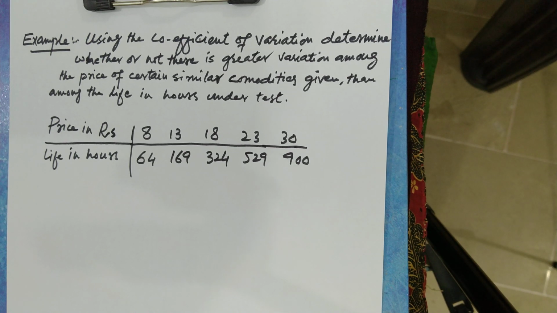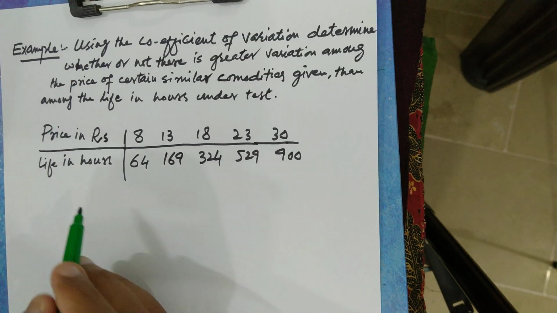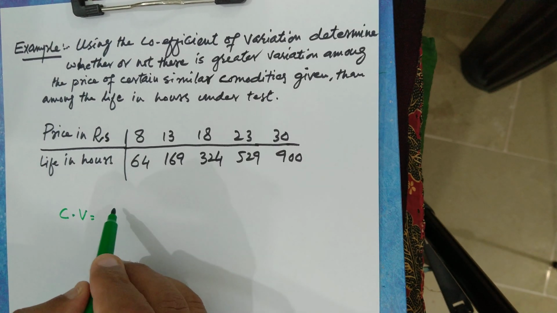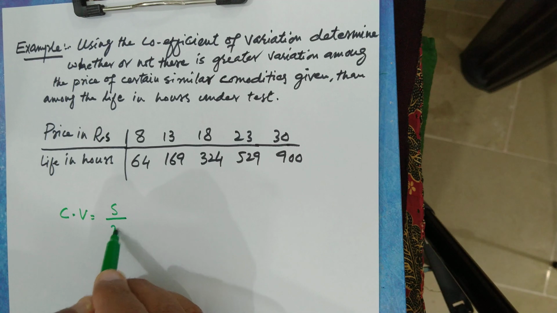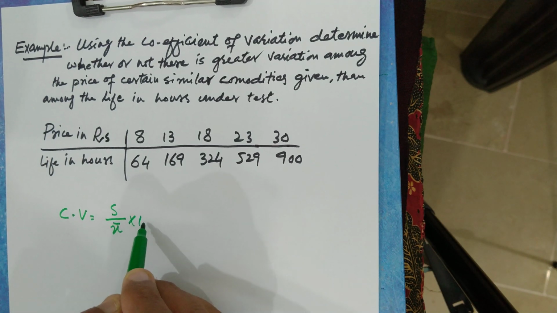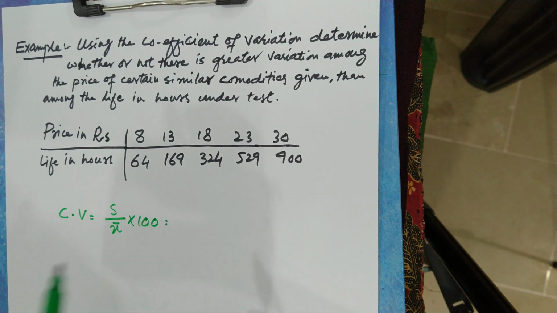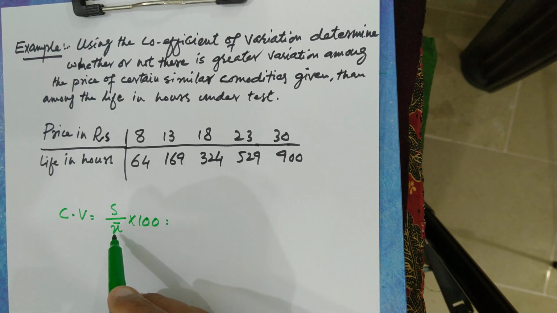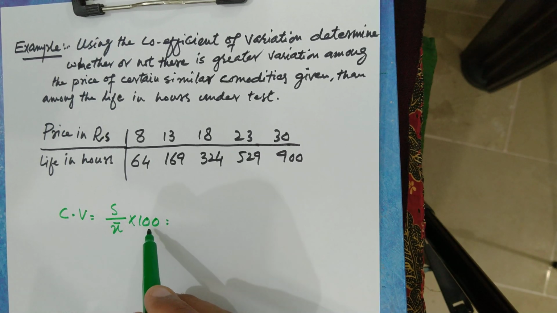For coefficient of variation, how to calculate? The coefficient of variation is equal to s upon x bar multiplied by 100. Here s is our standard deviation, x bar is our mean, and 100 is for percentage.